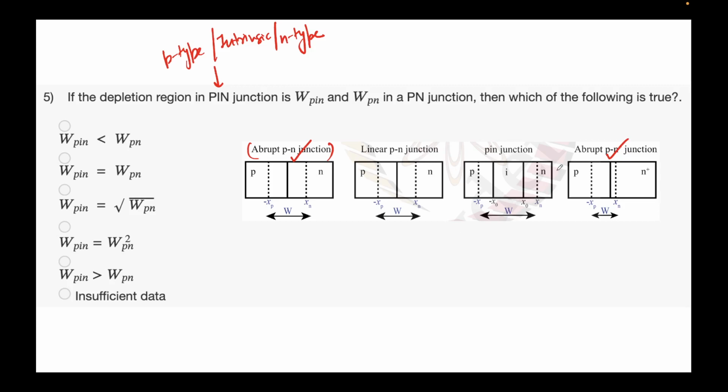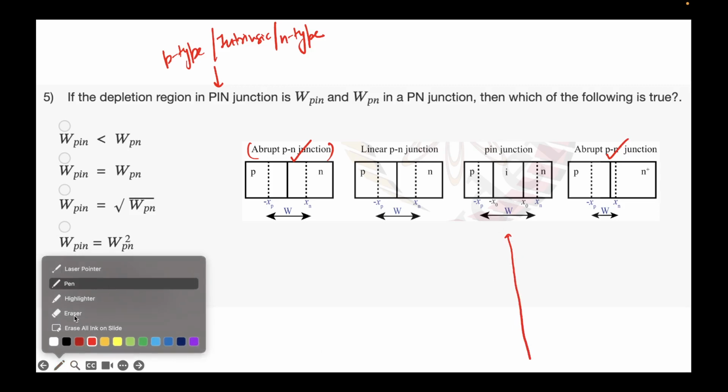Why does it happen? Just see this PI junction, right? We just saw in the P plus N type that the doping of the P side is much higher than the doping of the I side, correct? So how will the E-x diagram look like? Let's draw.